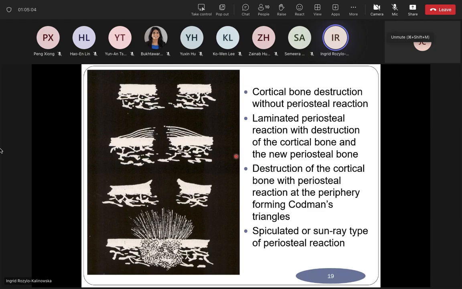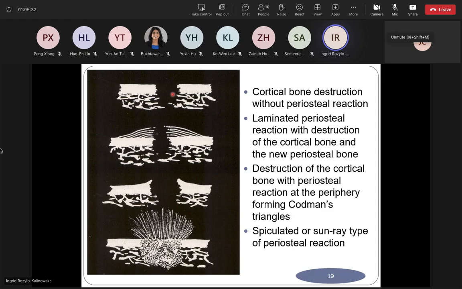So most of the tumors you're going to observe, so carcinomas, will not produce any periosteal new bone formation. So the destruction will be visible as an ill-defined area of bone destruction without anything appearing around.